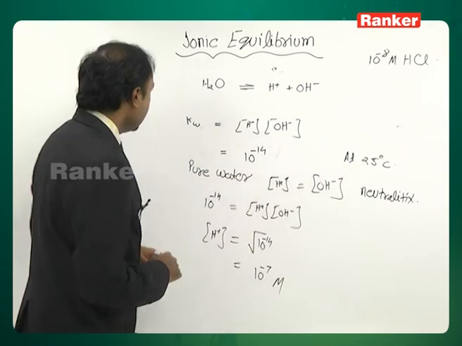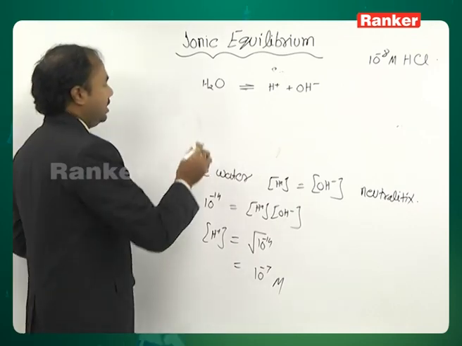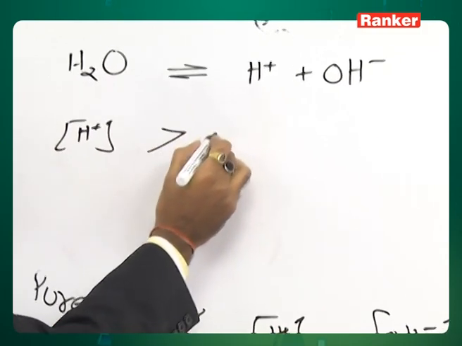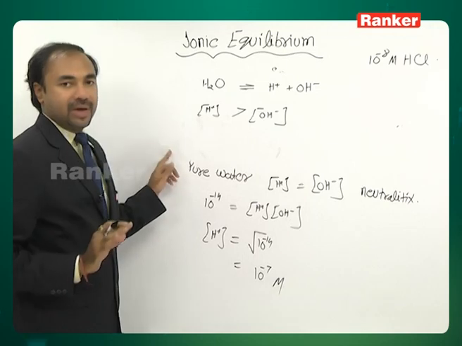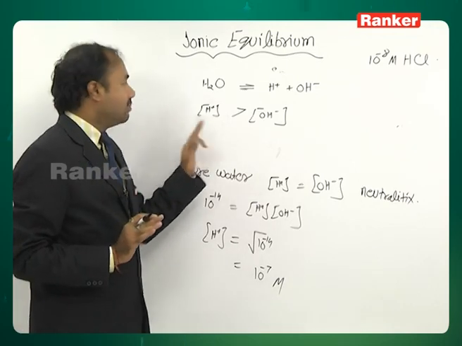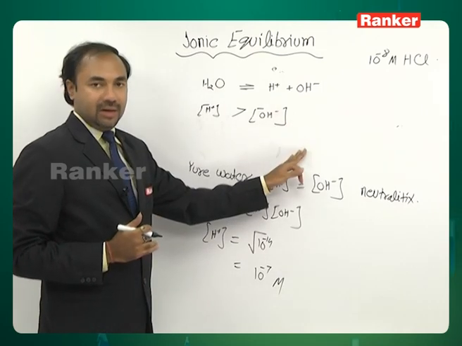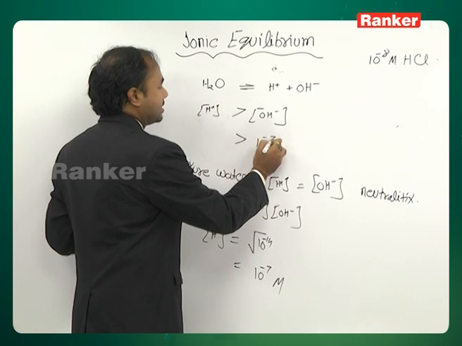Now, another condition which we will see here: in a solution, if concentration of H plus ions is greater than OH minus ion concentration at any temperature, at any moment. Means if you talk about pure water or neutral water, then this has got to be greater than 10 to power minus 7, right?